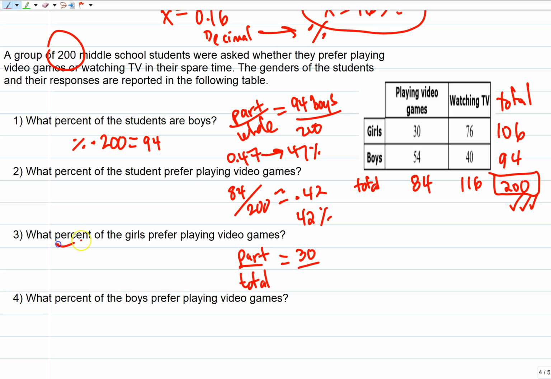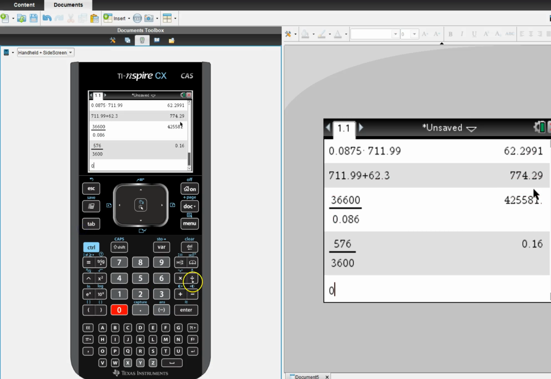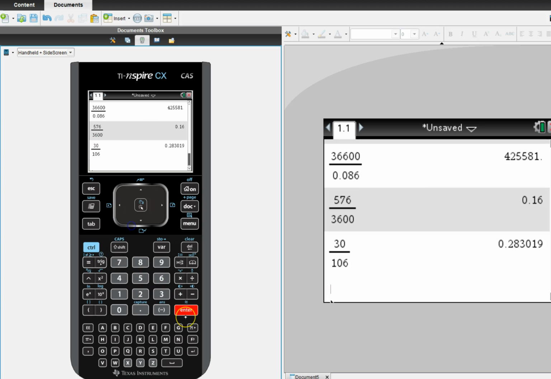They want to know what percentage of the girls. I'm only looking at the girls. So this total down here is the total for the girls. How many girls were there total? So there were 30 girls that played video games out of the 106. I'm going to need a calculator for that. .283.